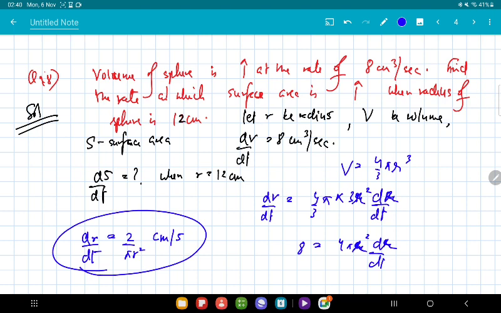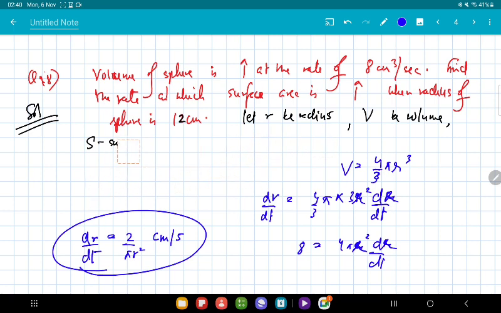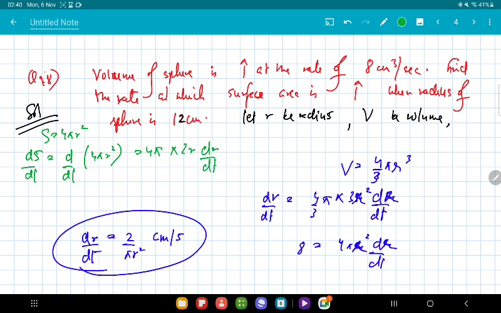So for S, what should we do? We have space, not that much though. So please understand that much. I have to rub a little. For S, I will use a different pen. S is 4 pi r square. So dS by dt, differentiating 4 pi r square, is 4 pi into 2r dr by dt.